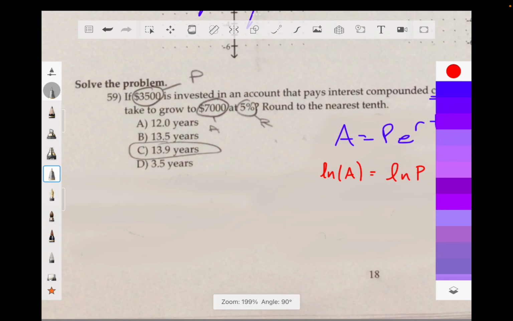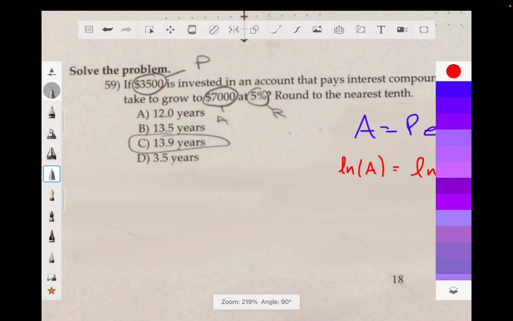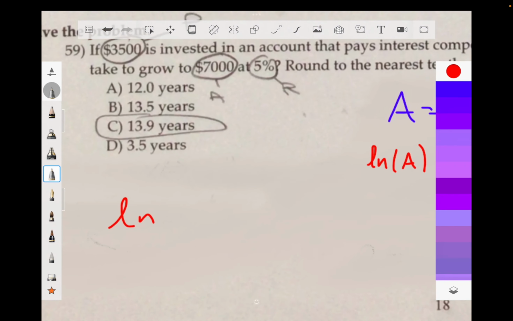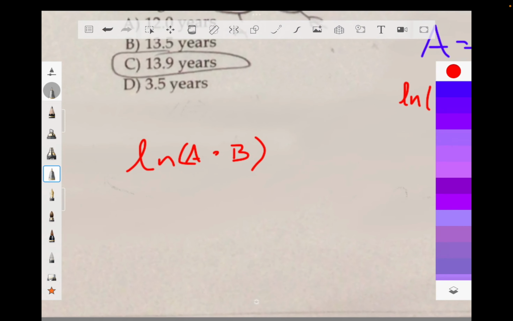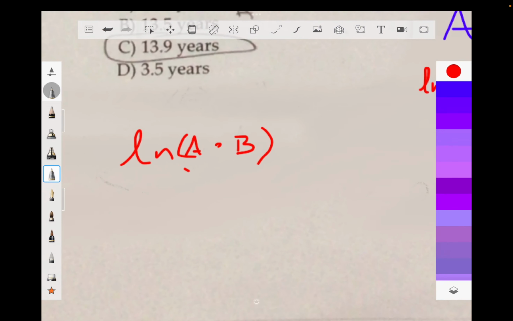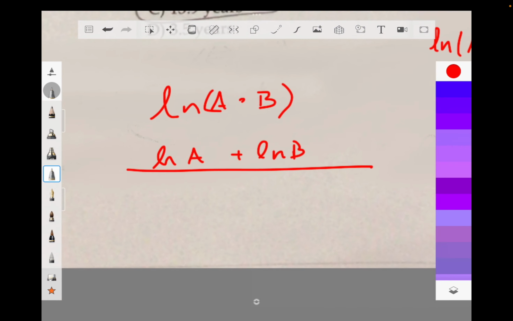So, another rule of logs is that if you're multiplying, let me write it like this. If natural log of A times B, and this is all inside the natural log, it's the same thing as saying natural log A plus natural log B. Same thing for, this is all logs, not just natural log.